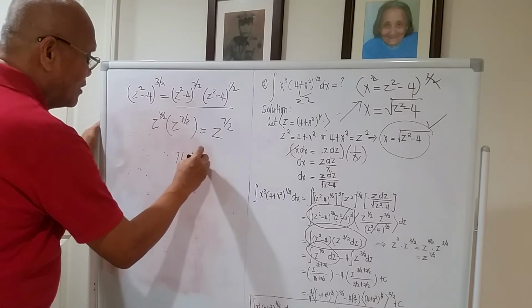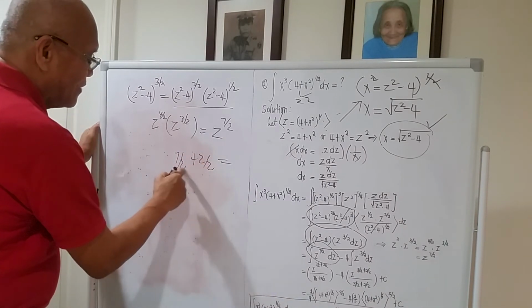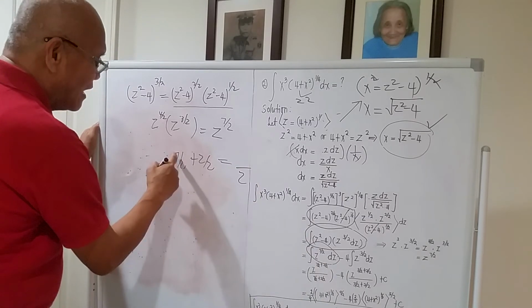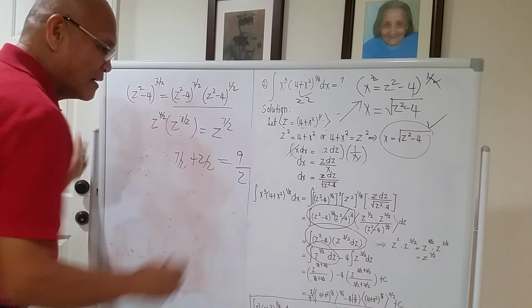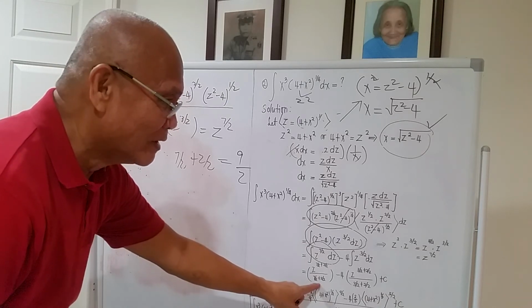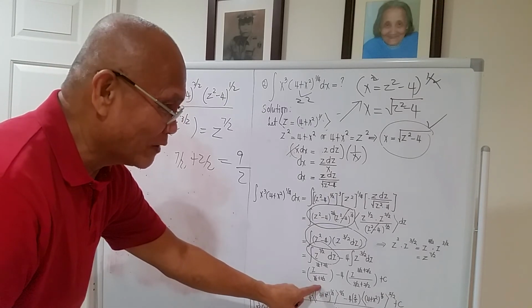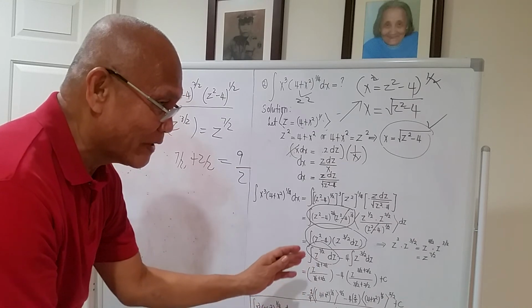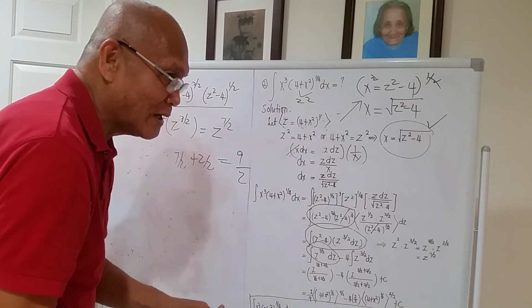7/2 plus 2/2, same base, add the numerators, this is 9. So this should be all over 9 over 2. But this 9 over 2 is in the denominator, so to bring it up, we take the reciprocal.